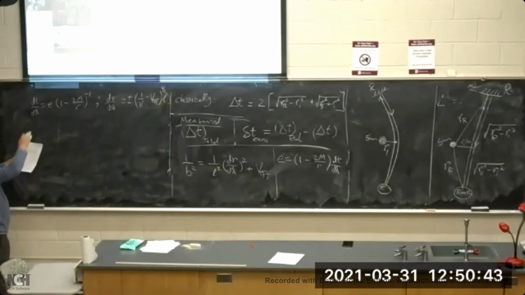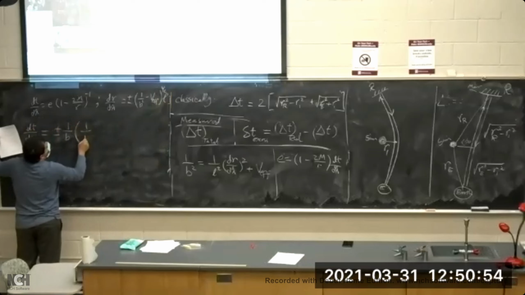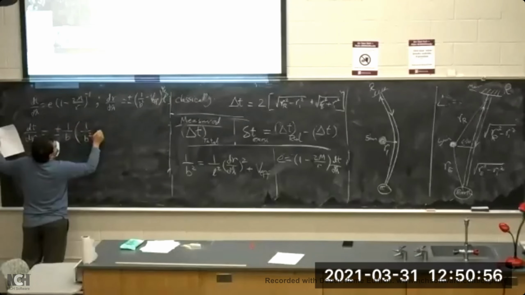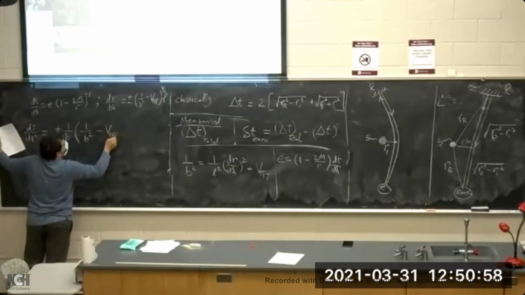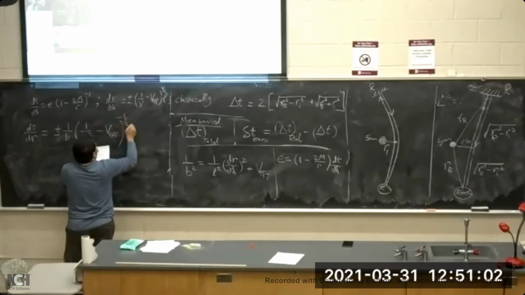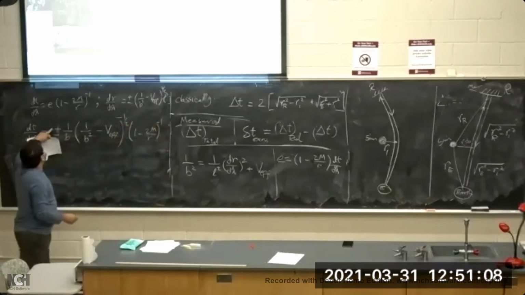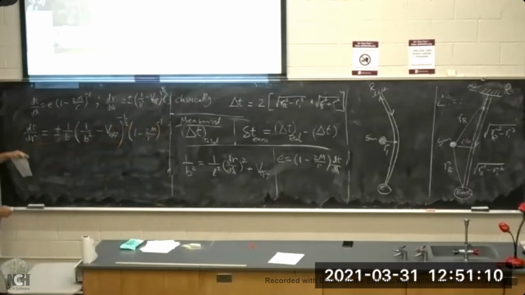Just divide them over each other, then we have dt by dr equal to plus or minus 1 over b, (1 over b squared minus V effective) to the power minus 1/2, also (1 minus 2m over r) to the power minus 1. Now, plus or minus signs. It is a relation between r and t.